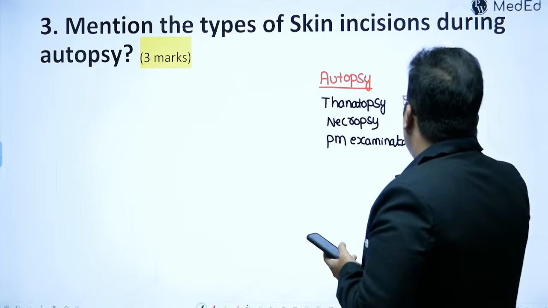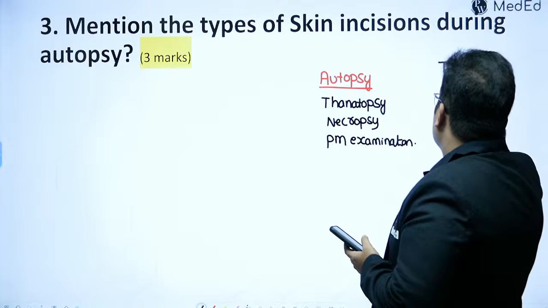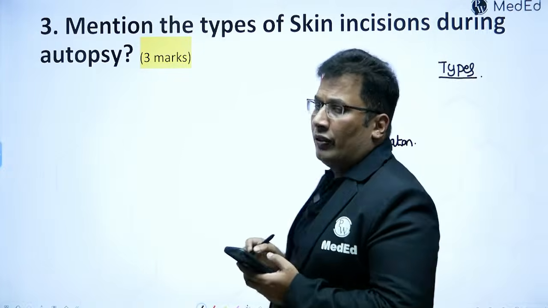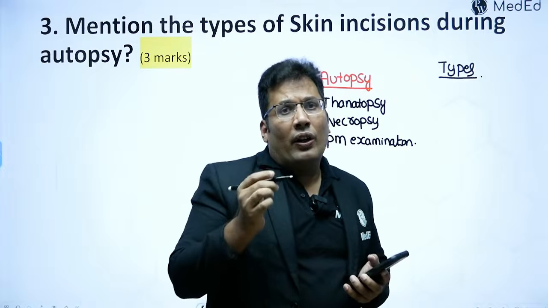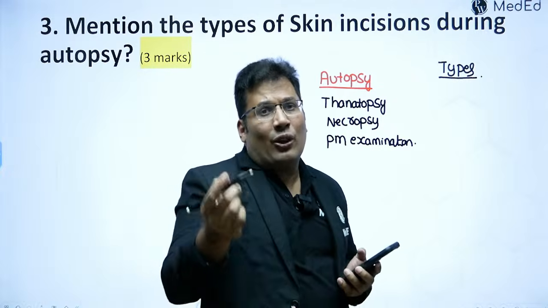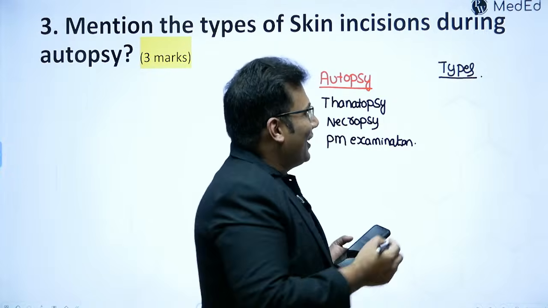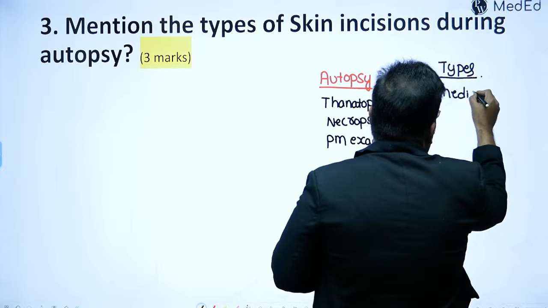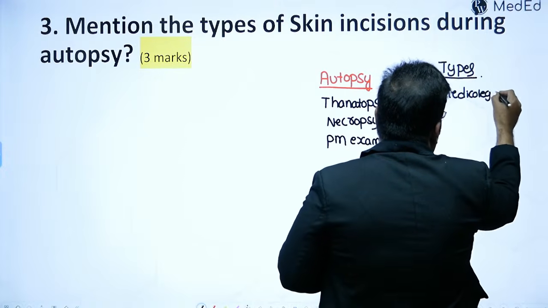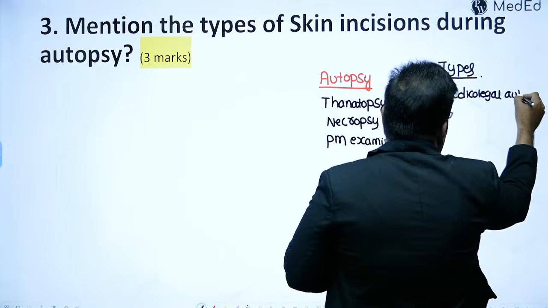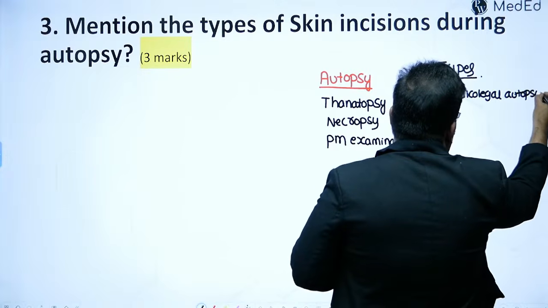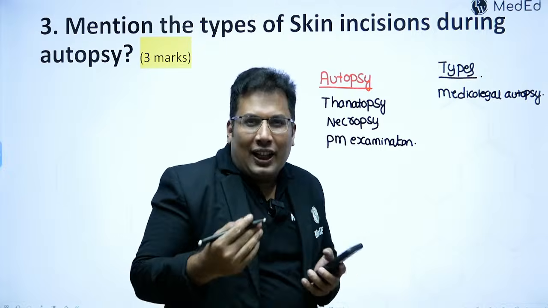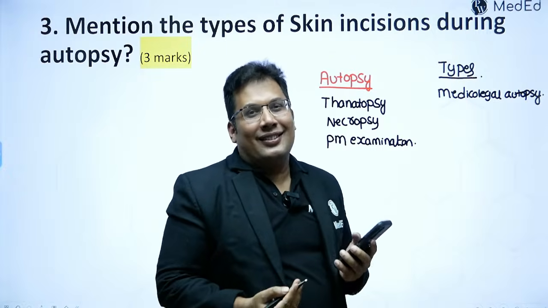Autopsy can be of different types. What are the different types of autopsy? One very common autopsy in the forensic medicine department is the medico-legal autopsy, usually conducted by the forensic expert.